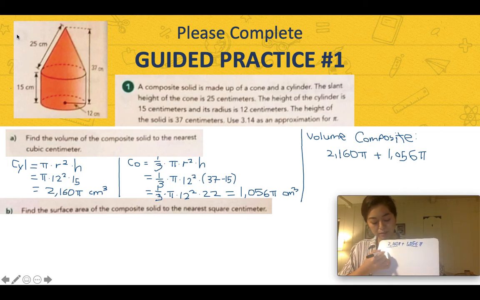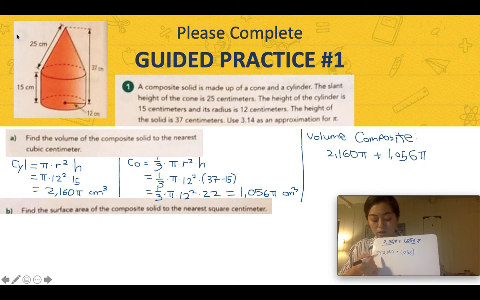I'm gonna divide that by pi, and then I'll get 2,160, and then look at the second term. I'm gonna divide that by pi, and then that's 1,056, right? Okay, like this, right? And now I have pi times whatever is inside the parentheses. Do you see that? Yeah, okay.